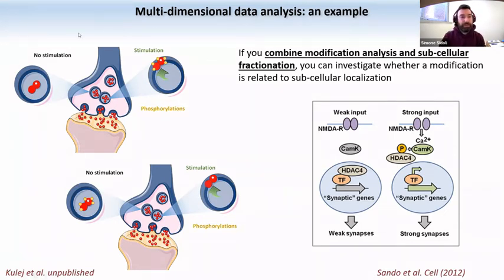Here is another example. When you study, for example, synaptosomes, they have these vesicles that they use to transfer signals between neurons.